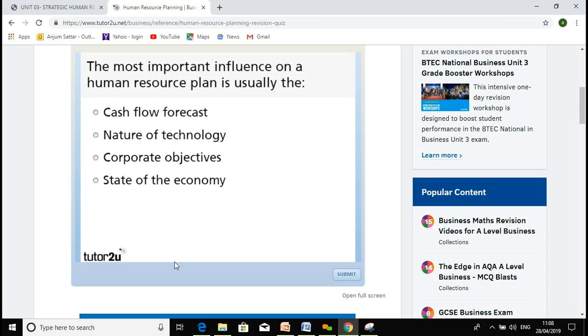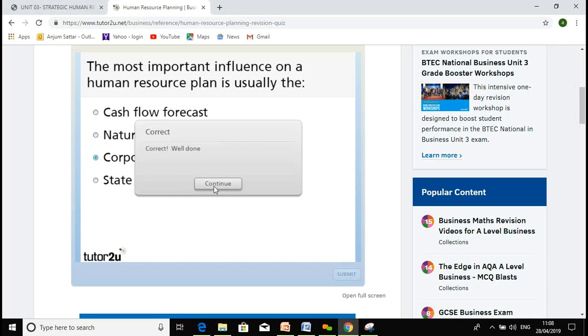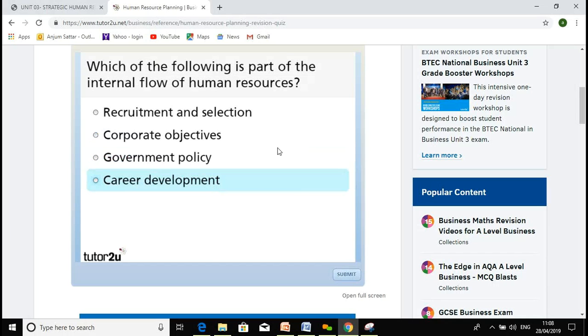The most important influence on a human resource plan is usually corporate objectives. Well done. Which of the following is an internal flow of human resources?